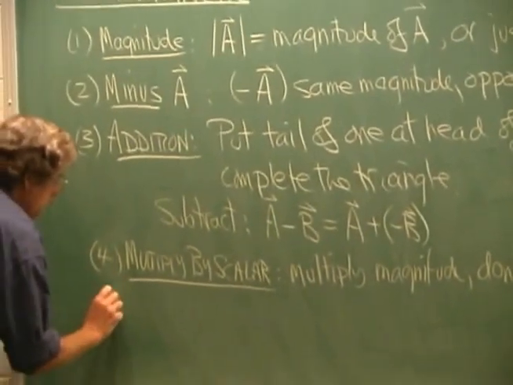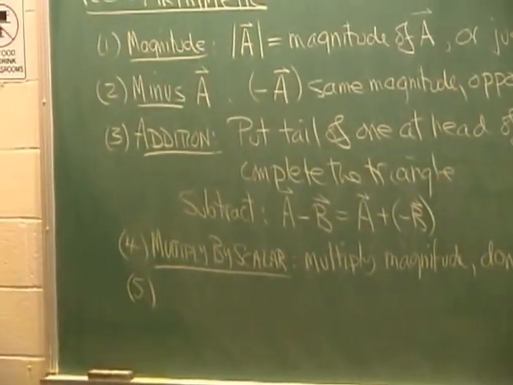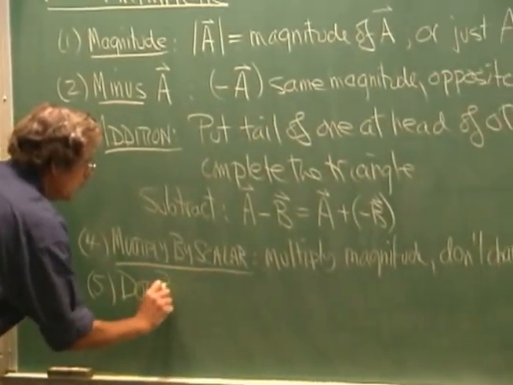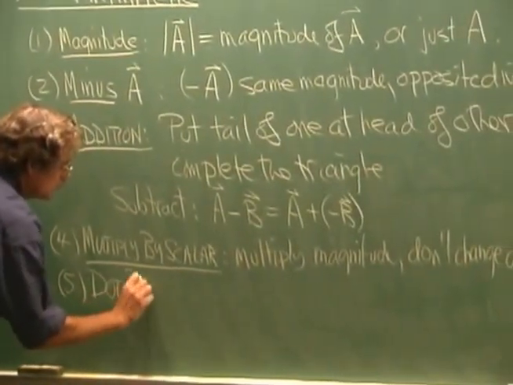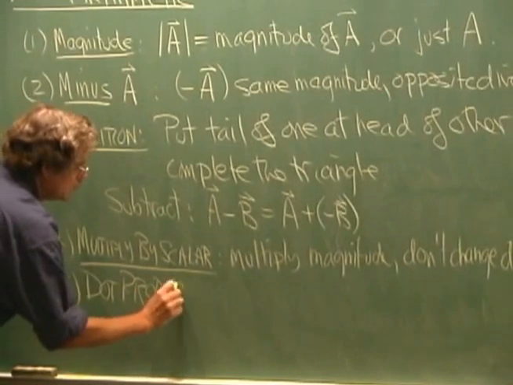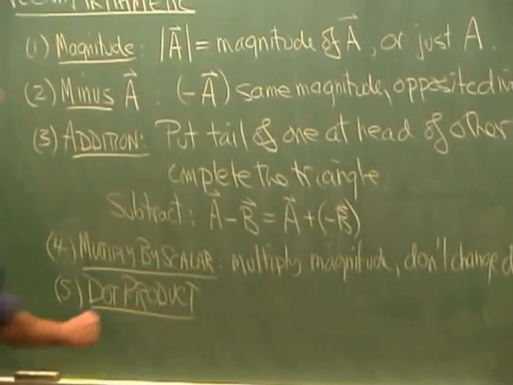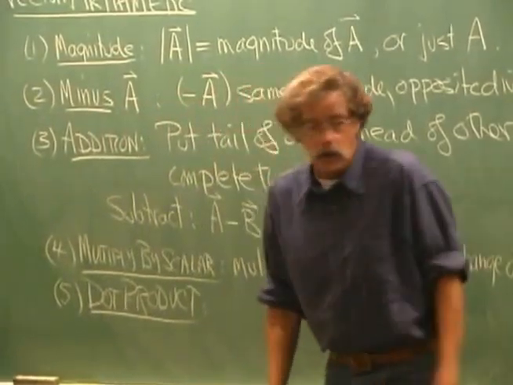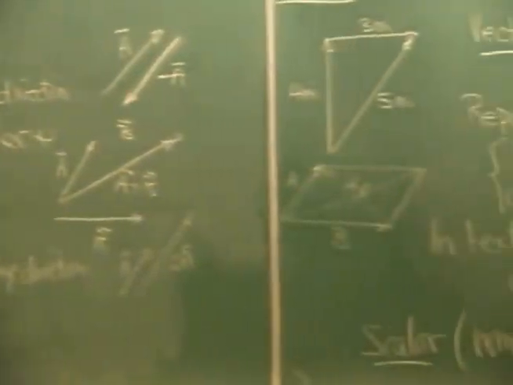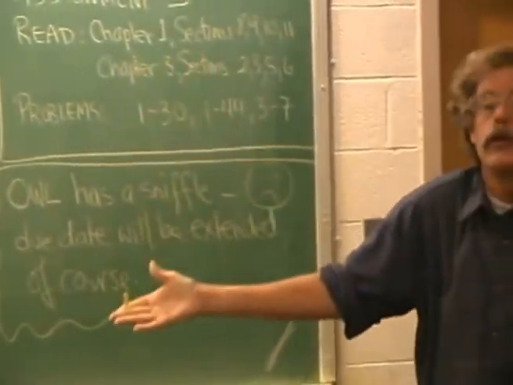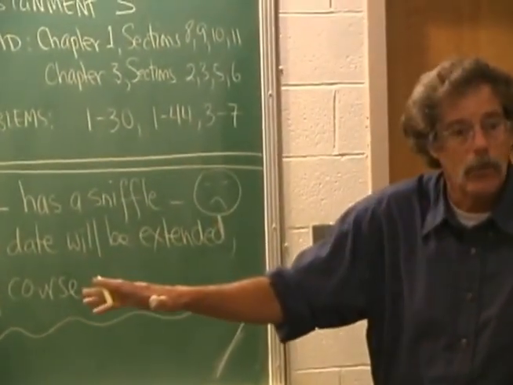Two ways that you can multiply vectors. First is the so-called dot product. The dot product of two vectors is defined as follows. And here, I'm not sure that I can motivate this particularly. What I'm trying to do is give you all of the arithmetic of vectors right now in one package.